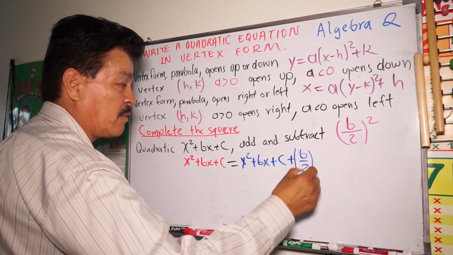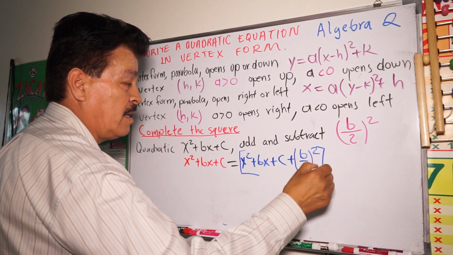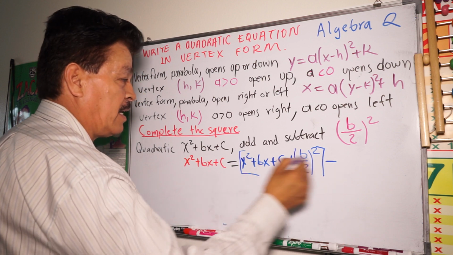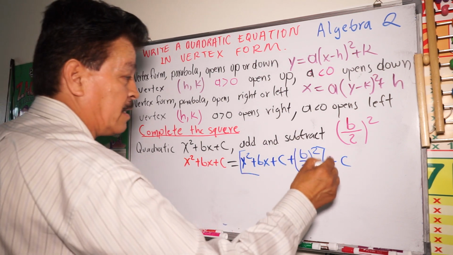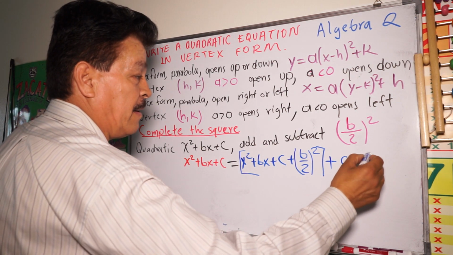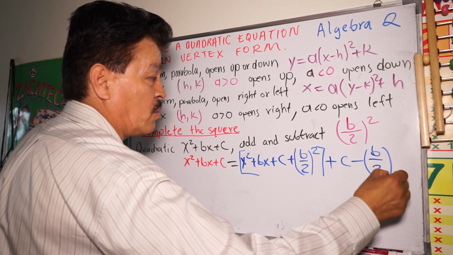We have to add it right here, right? And then minus, plus c in this case. Plus c minus b divided by 2 to the second power.